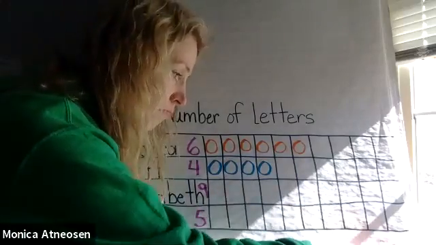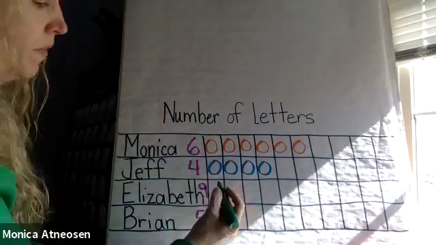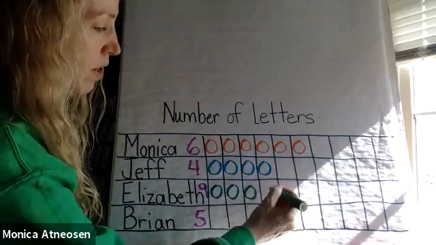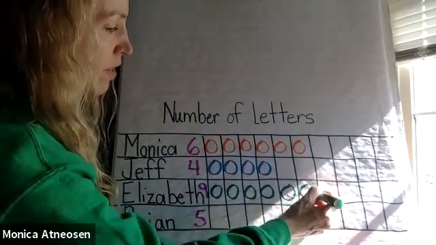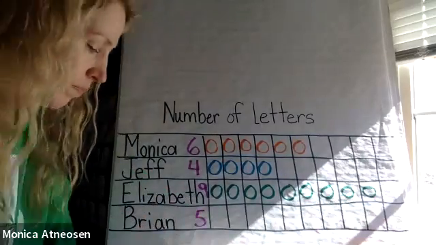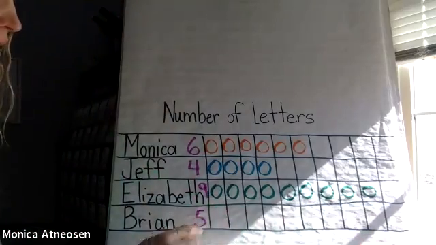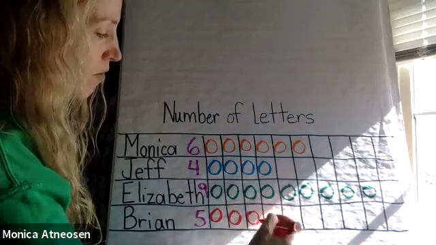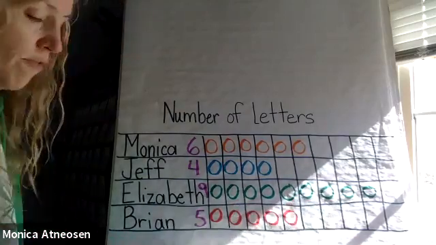Elizabeth needs 9 of them. 1, 2, 3, 4, 5, 6, 7, 8, 9. Brian needs 5. 1, 2, 3, 4, and 5.